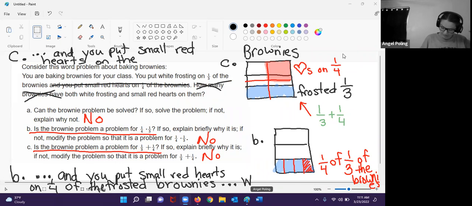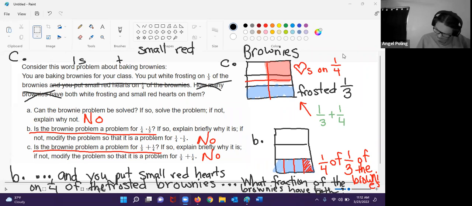What fraction of the brownies have both, right? What fraction of the brownies have both? Okay, because to fix it for C, let's see, let's start over.